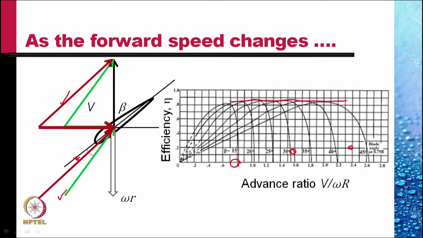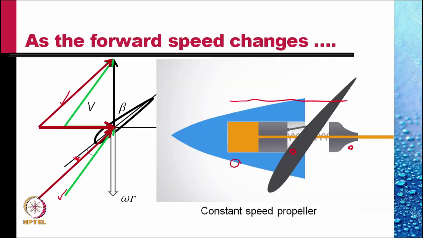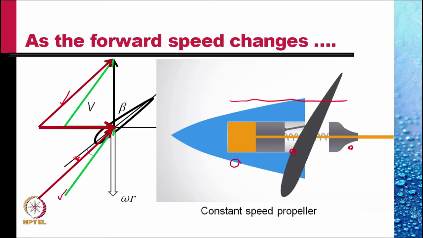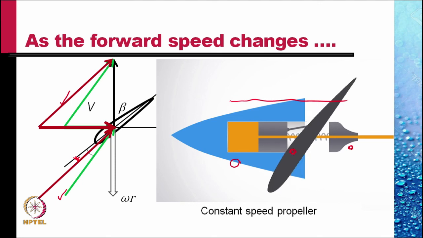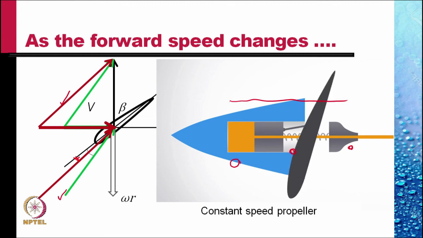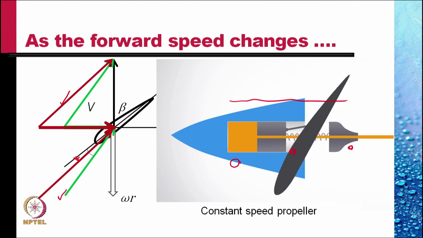So beta needs to change with advance ratio. This usually is accomplished by an automated mechanism, which changes beta as the advance ratio increases.